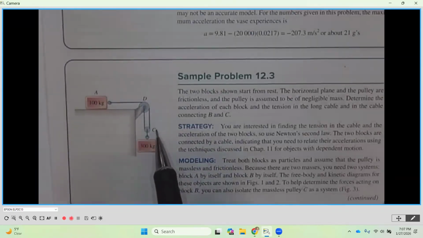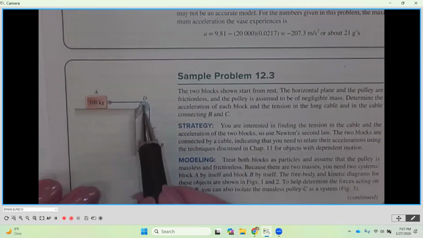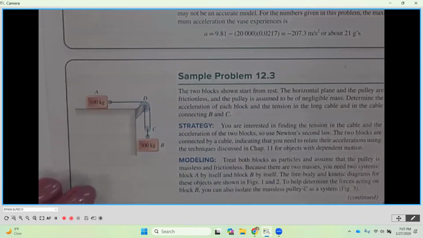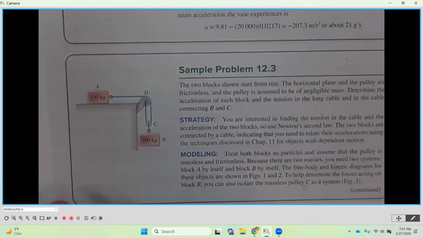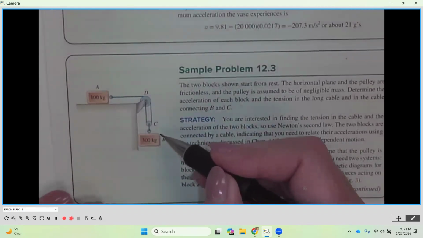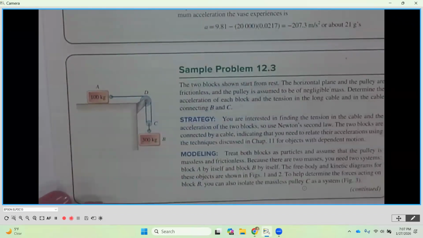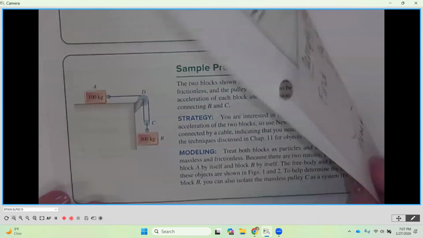But distance-wise, when I'm pulling along the tension of T1, I have to pull twice as far in order to get this to move up a little bit. So B is only going to move half the distance of what A is moving. Does that make sense to everybody?